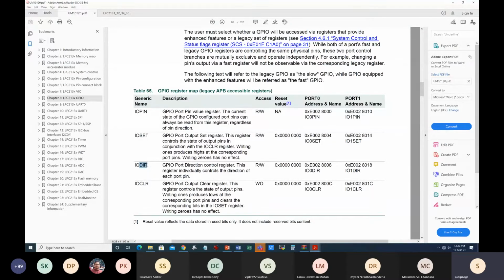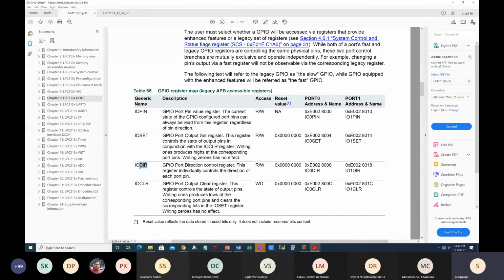Assuming I want to use this port 0.0 as an output, I will do something with this IO DIR register. We'll see what we have to write, either 0 or 1, to the given bit corresponding to port 0.0.